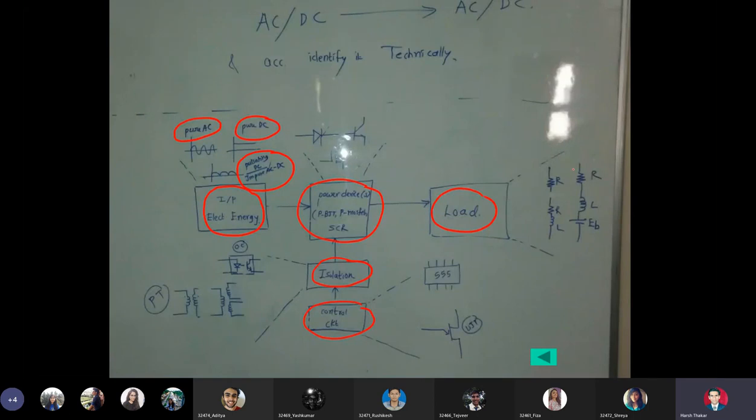As far as load is concerned, it can be simply one resistor, a purely resistive load, a series connection of R and L, that is a resistive inductive RL load, or it can be an RLEB load. Here R is winding resistance, L is winding inductance, and E is back EMF. This is also known as a motor load, or a highly inductive load.